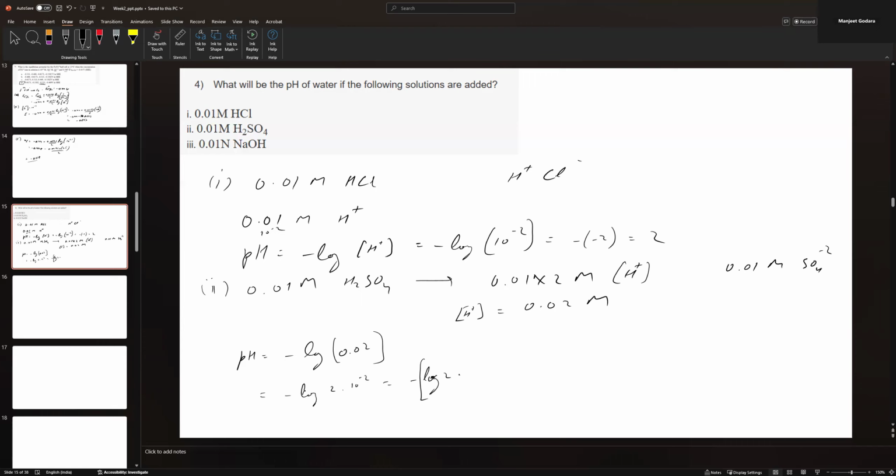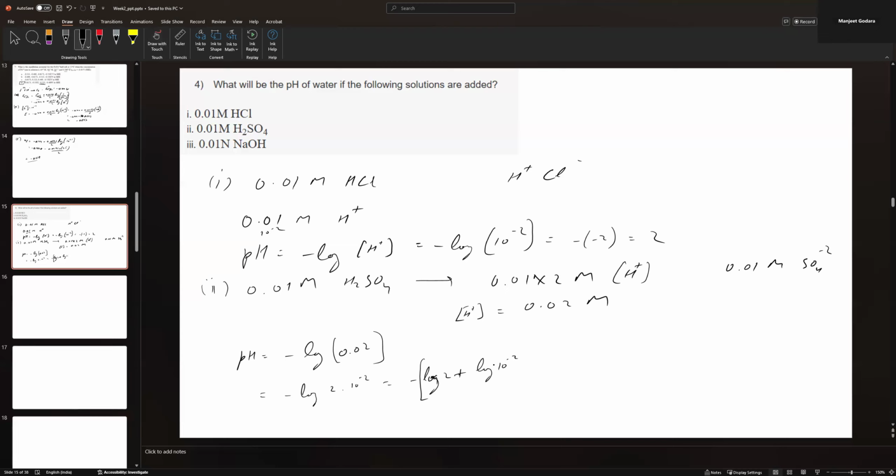If the log is given a multiplication, add them: log of 2 plus log of 10 to the power minus 2. This is just in case you have to do it in an exam.